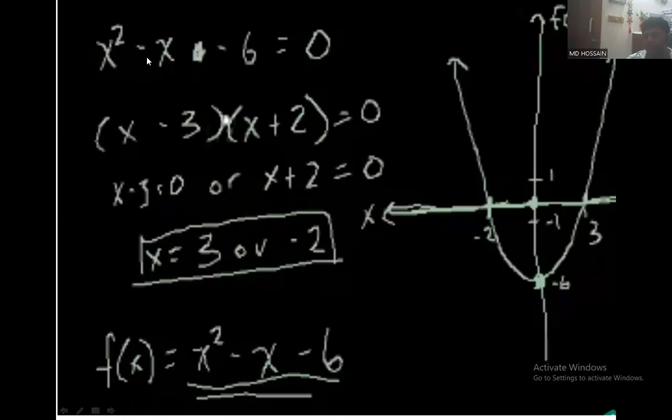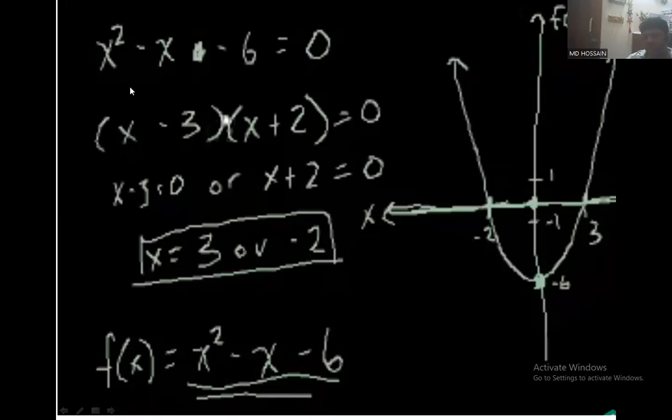This equation, x square minus x minus 6 equal to 0. I have tried to draw the equation in a quadratic form, though the picture is not so good, as I am not a good artist, or I have the good skill to draw, but I have tried to explain. I hope it will help you to understand.